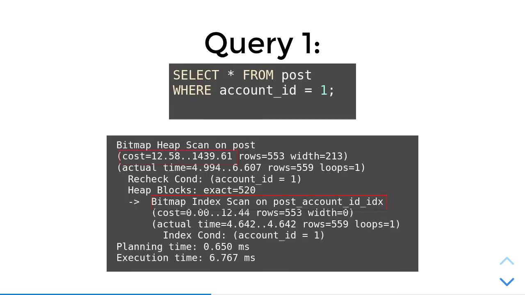I think we can all see that's a much lower number. And the execution time is now 6.7 milliseconds, whereas before it was 32 milliseconds. Now, when we're talking milliseconds, that's not going to make a big difference to your average user, but when you've got a few thousand users, that starts counting.